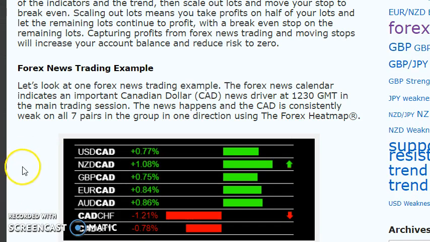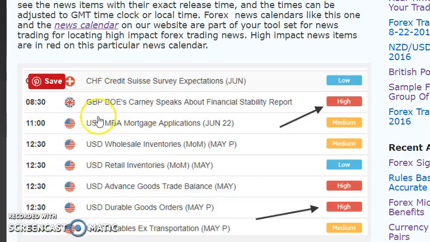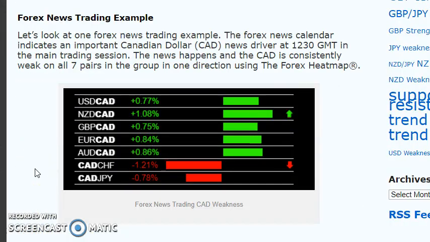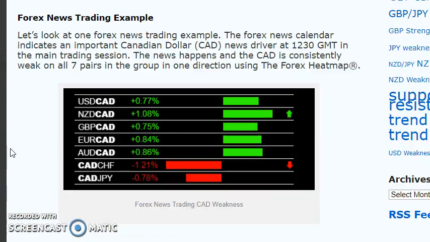One of the currencies we trade is the Canadian dollar, among the 8 currencies that we trade. So if you go up to the Forex news calendar and you find a CAD, Canadian dollar news driver that has a potential high impact like this one, you just get in front of the computer when the news driver comes out, and you're looking for consistent Canadian dollar strength or weakness after the news.